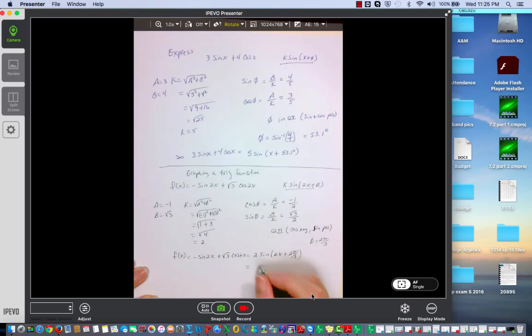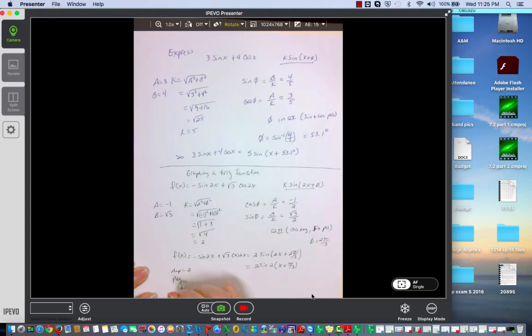So this will get us 2 sine, I can factor out a 2 out of both of those, so 2 times x plus pi over 3. So if we were looking at graphing this, it would be a sine curve because it says it's sine. Our amplitude would be equal to 2.